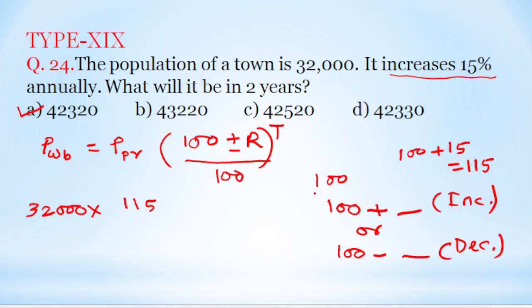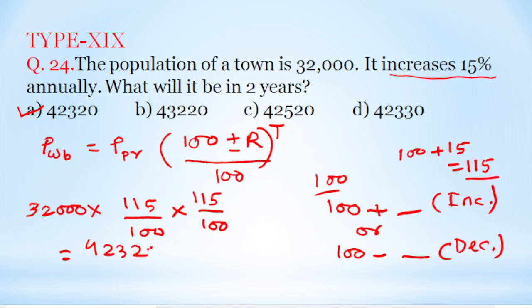Here we have two values, one is the 100, another one is the 115, and as after 2 years the population will be increased, the numerator will be more than the denominator. The denominator will be 100. So this is for 1 year. So for 2 years we have to multiply it twice. Then we are getting the same result. After calculation we will get 42,320. That means option A is the right answer.